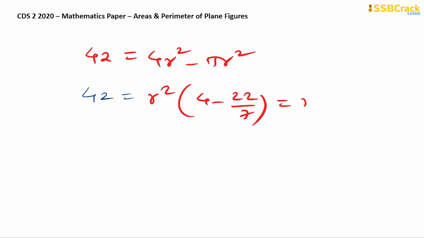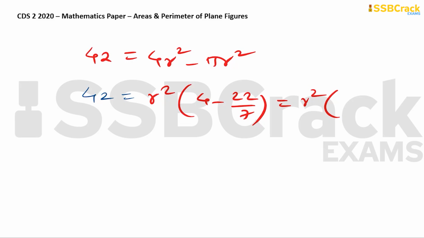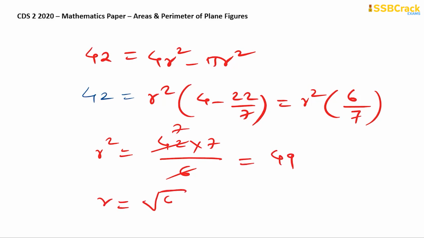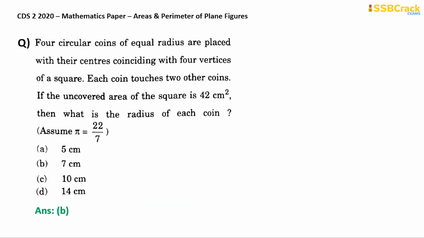By cross multiplying, 4 7s are 28 minus 22 will be 6, so 6 by 7. So r square is 42 into 7 by 6. So 6 1s are 6, 6 7s are 42, and here you are getting 49. So r is root of 49, that equals 7. And hence the right key for this particular question was option B.